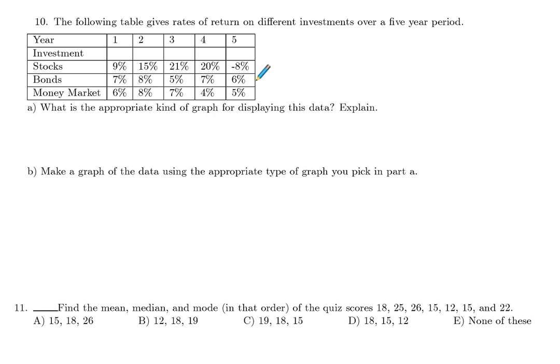Well, these are percentages, but notice that in any one row or one column, they don't add up to 100%. So although they're percentages, they're not expressing parts of a whole. If they were parts of a whole, that would be a pie graph or a circle graph. But since they're just rates of return, then probably a line graph or a bar graph. Okay, so a line or a bar.